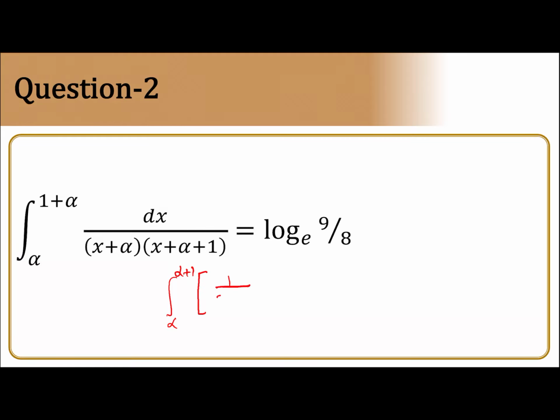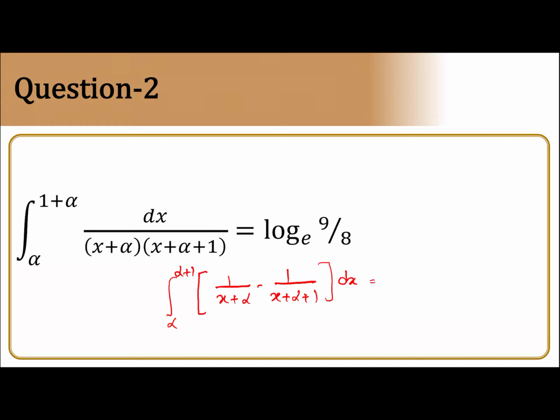Always remember the smaller term will come first, then the bigger term of the denominator. Obviously, x plus alpha plus 1 is greater than x plus alpha, whatever positive value you take for alpha. Dx. If you take x plus alpha, it will cancel 1.